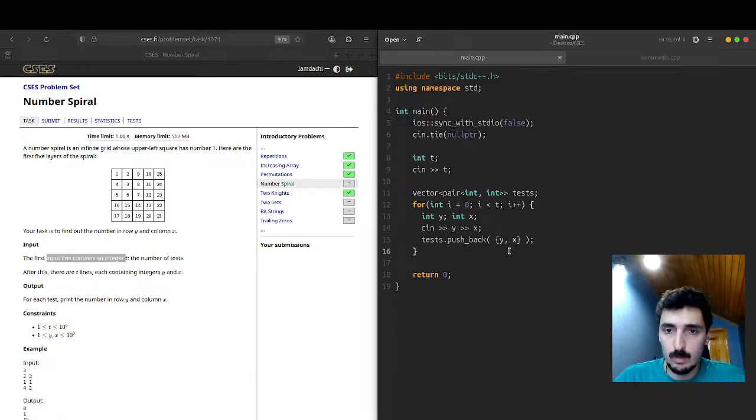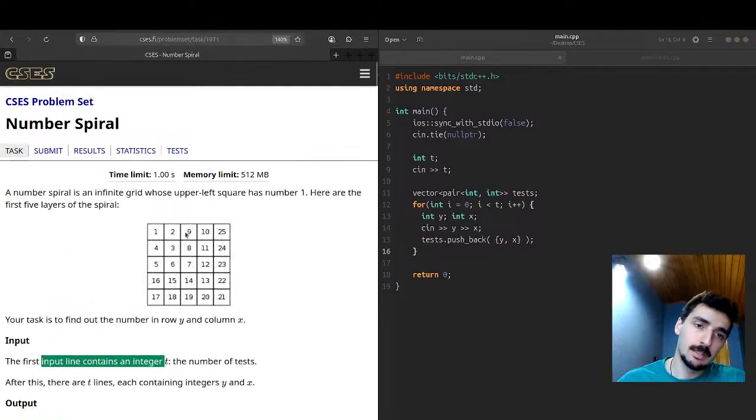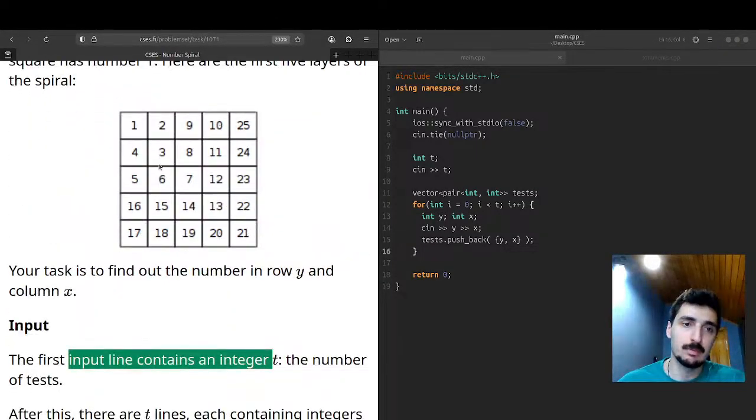Shoot. What are we going to do now? So it's pretty clear that the relationships between the numbers and coordinates of this table can be described mathematically using different formulas. One easy observation that I made was that this first number here is just 1, which is 1 times 1. Then we have 4, which is 2 squared.